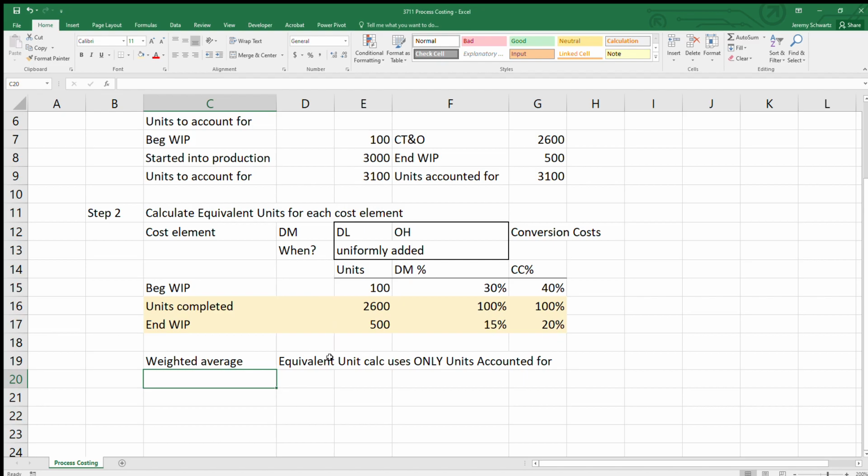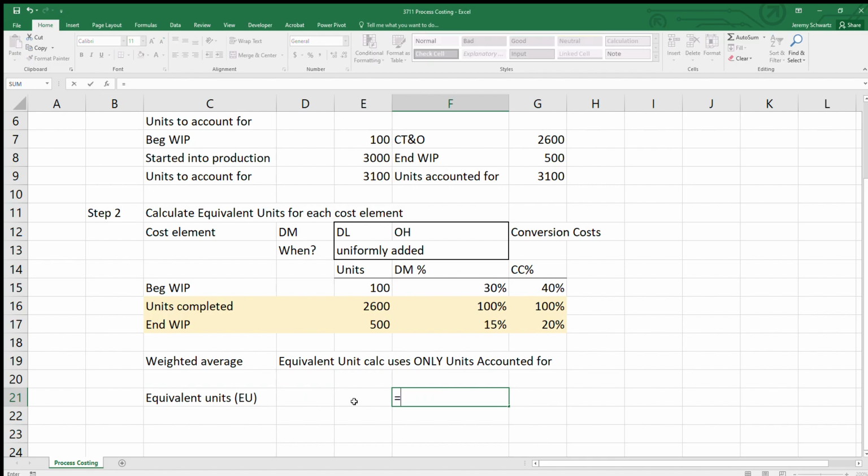So under weighted average, the equivalent unit calculation, we would say our equivalent units are EU, not EY, the accounting firm, EU.